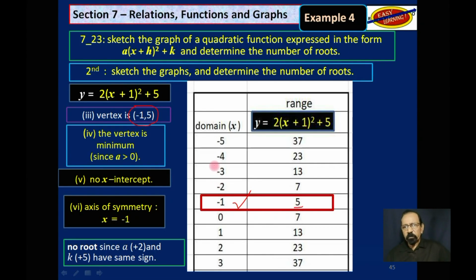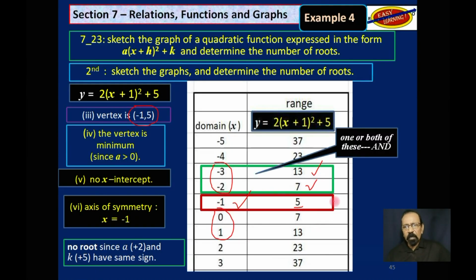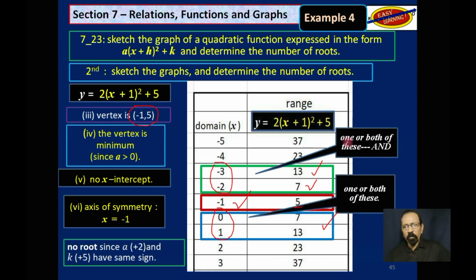We choose another point or 2 on the x-axis to the left, and we calculate the y values, and then we do the same thing to the right, calculate the y values. As I said, we will need one or both of these here, and then one or both of these here. So now we have at least 3.